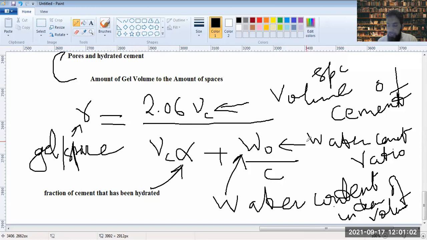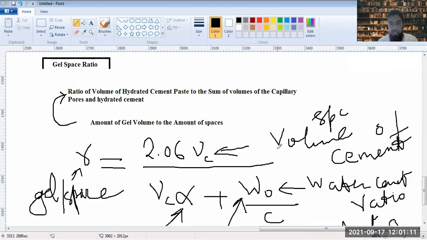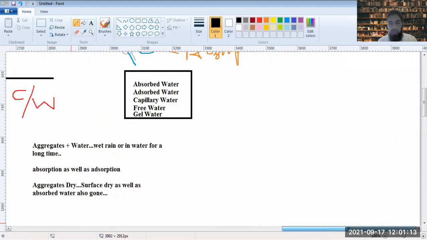So if Vc is known, the specific volume of the cement, because we know that the density of cement is 3.16, up till around 3.19.